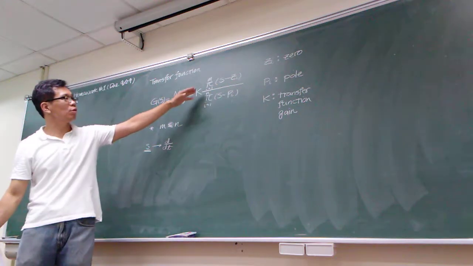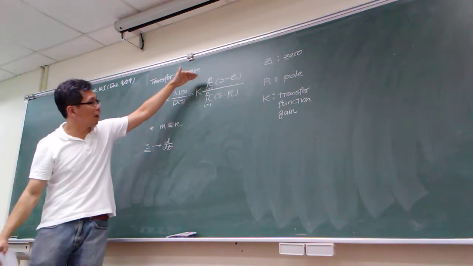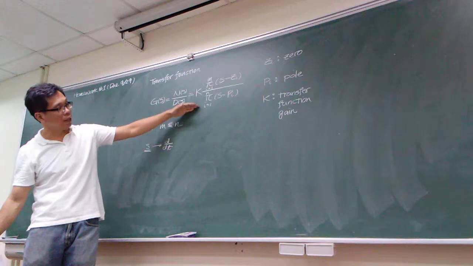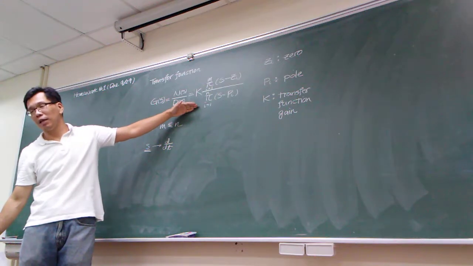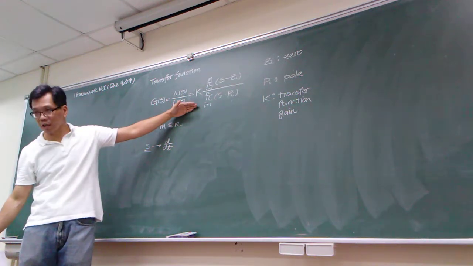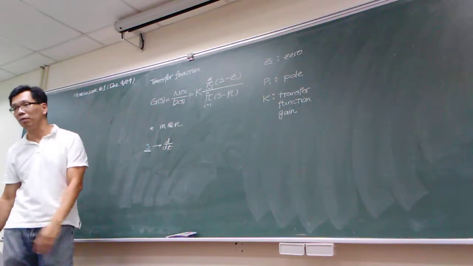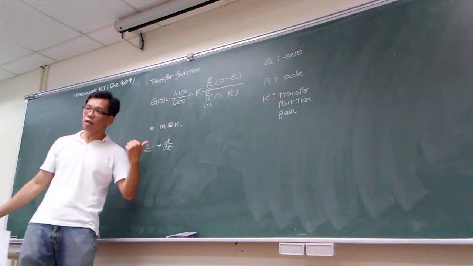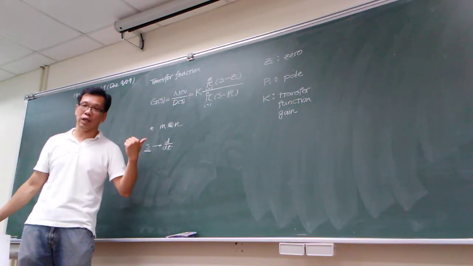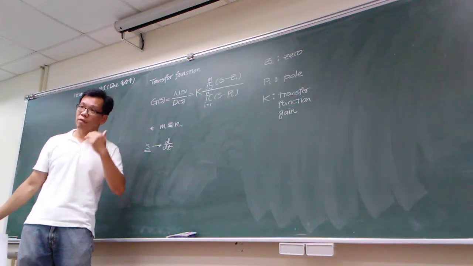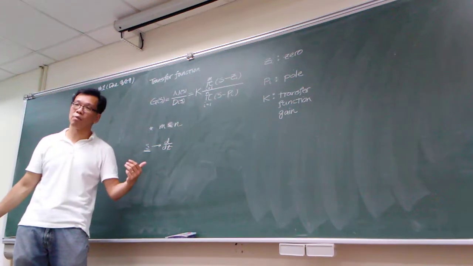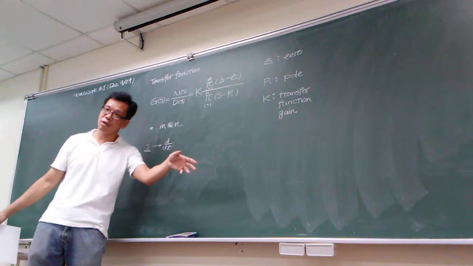So if you try to build something with higher order in the numerator than the denominator, it is physically not implementable. Make sense? Mathematically, yes, you can do that. MATLAB won't tell you any error, but physically you cannot do that, because if you happen to find out something, you can see the future.